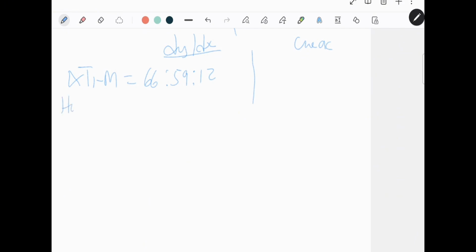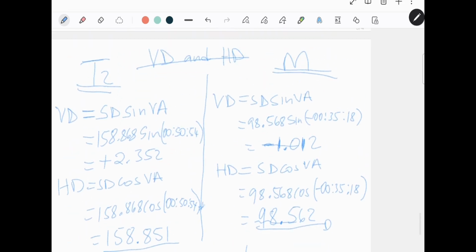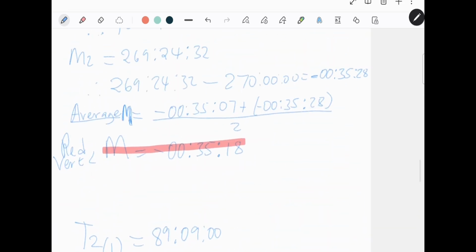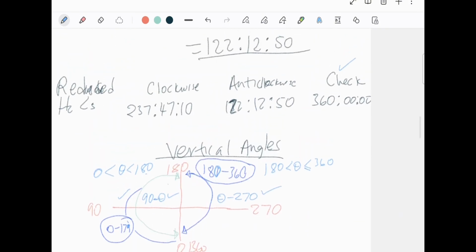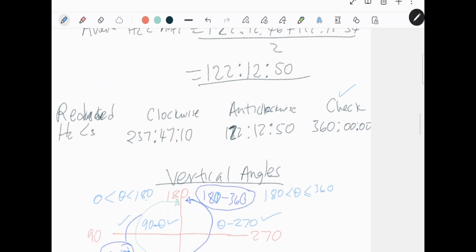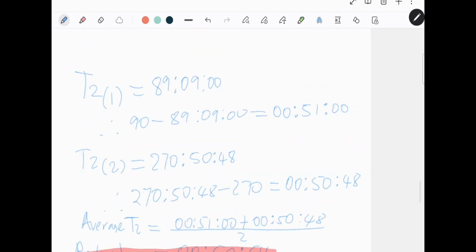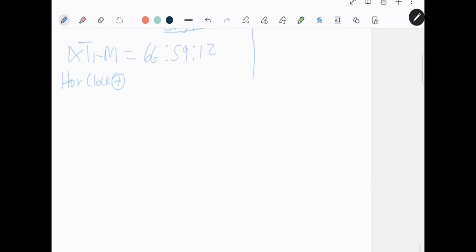Then you're going to have your horizontal clockwise, and you want to add it. We found it here. It was 237, 47, 10. This is going to give us our forward bearing, which is T1 to T2.